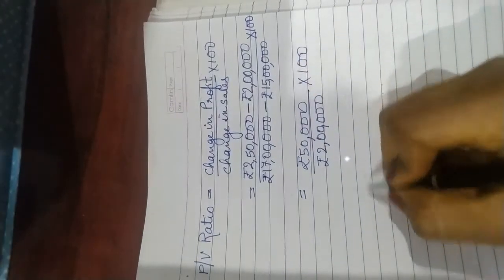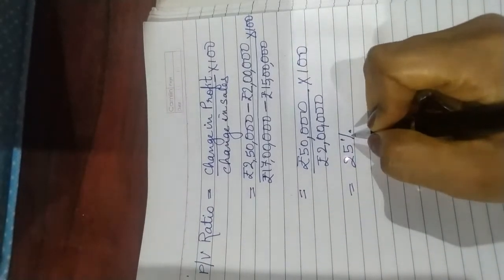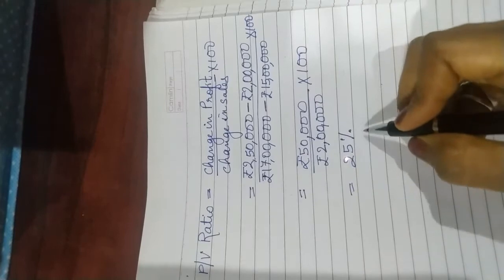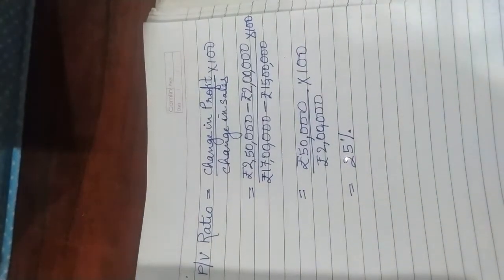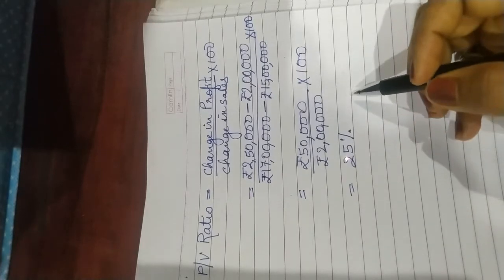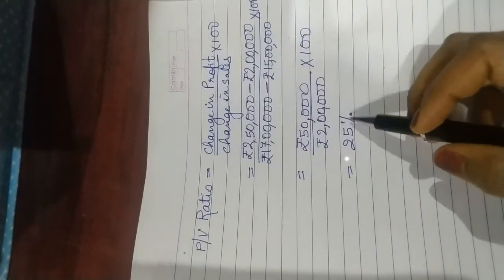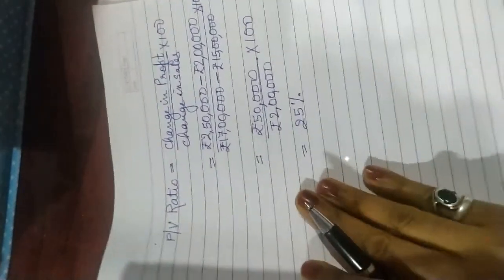So the PV ratio is 25%. It means fixed cost plus profit is 25%, and the remaining 75% will be the variable cost.